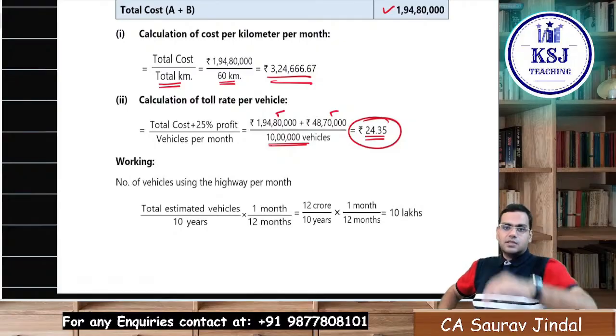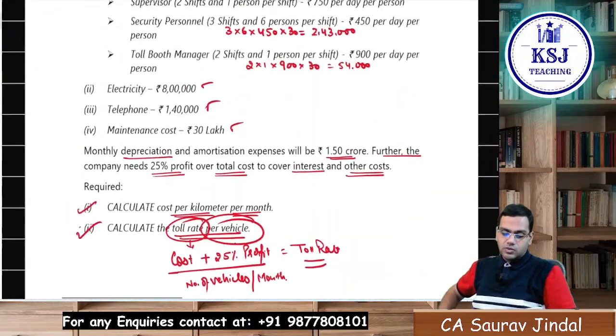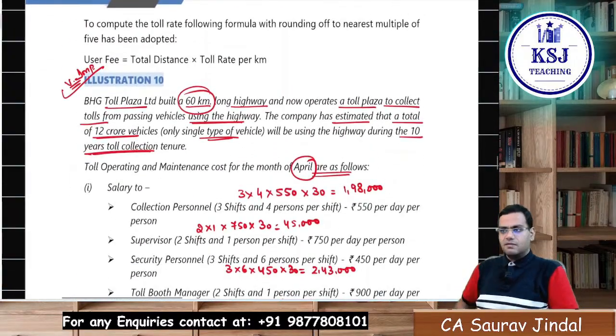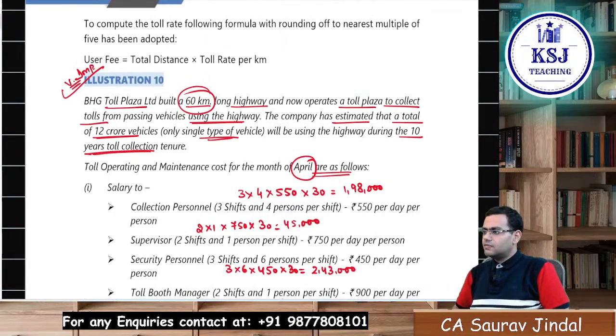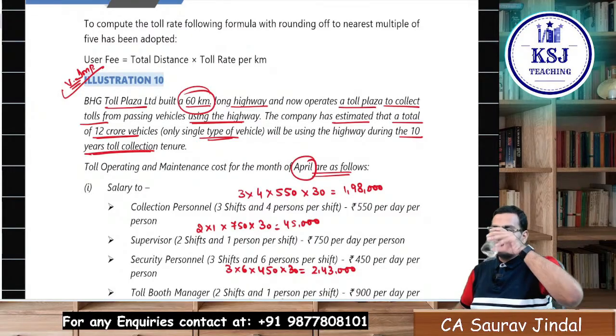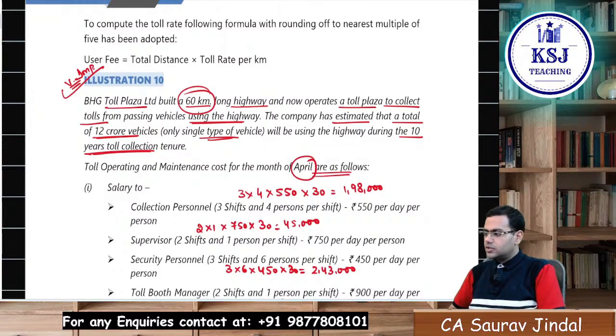Any doubts in this question? Now this is an important question. This question was recently asked in November 23 or May 24 itself. This toll rate question was asked, sir. So this is an important question. Any doubts in illustration number 10? Please let me know if you have any doubts on this.